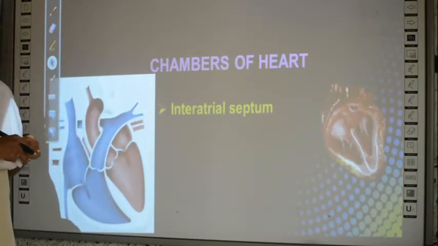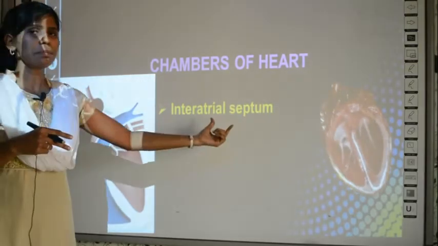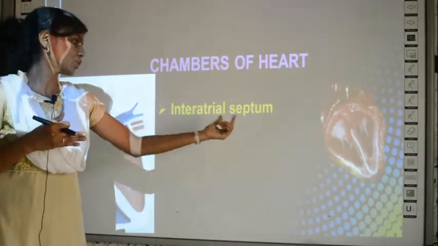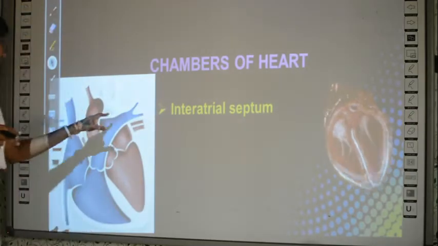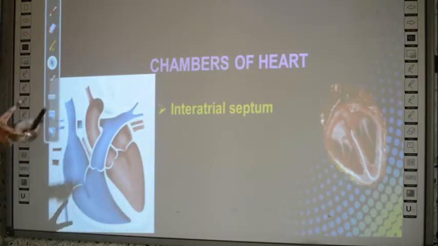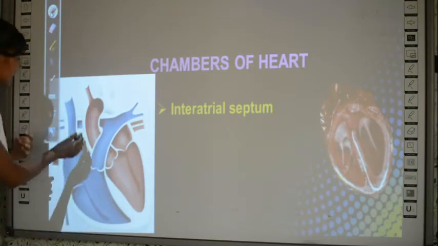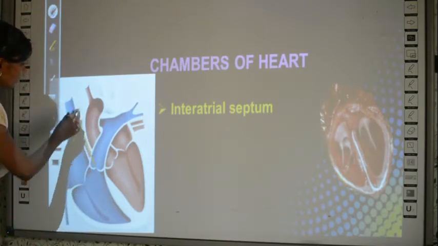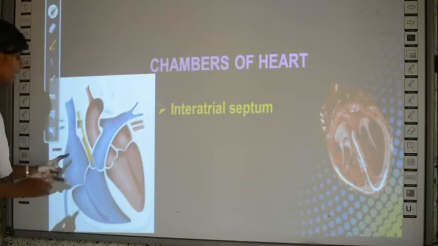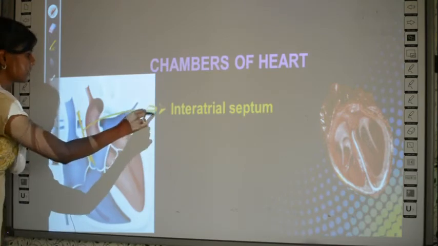And you have some more partitions in the heart. Septum is a partition, some division. Between the two atria, you have a division and it is called the interatrial septum. The wall which divides both the atria is called the interatrial septum.